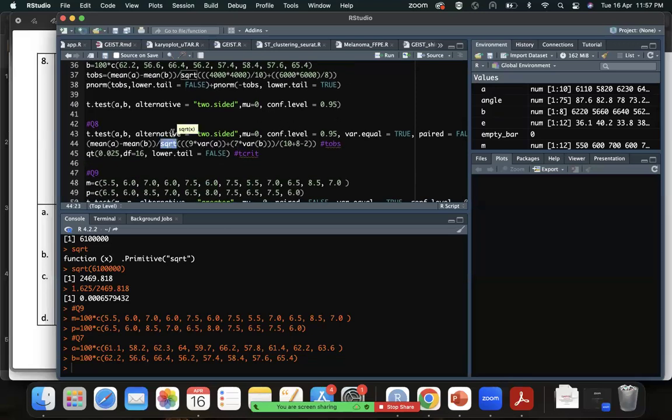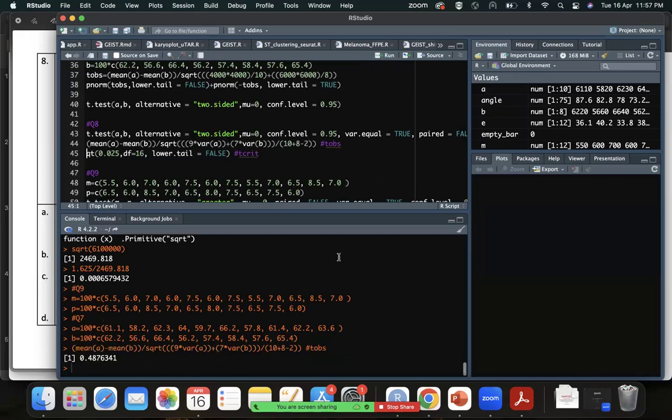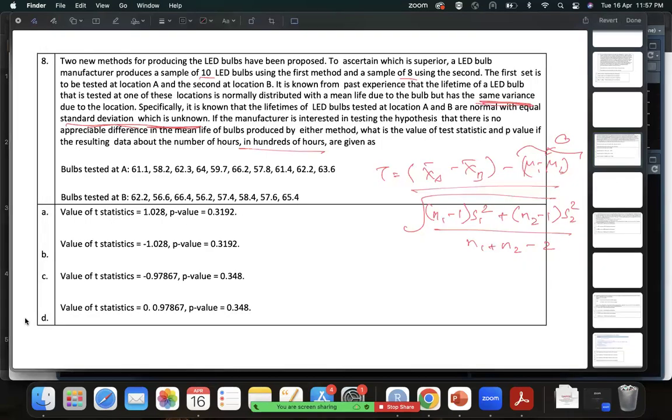So this is your formula: mean A minus mean B divided by square root of N1 minus 1, so it is 10 minus 1, 9, into S1 square, the variance of A, plus N2 minus 1, 8 minus 1, 7, variance of B, divided by 10 plus 8 minus 2, N1 plus N2 minus 2. If you run this, you get 0.4876.